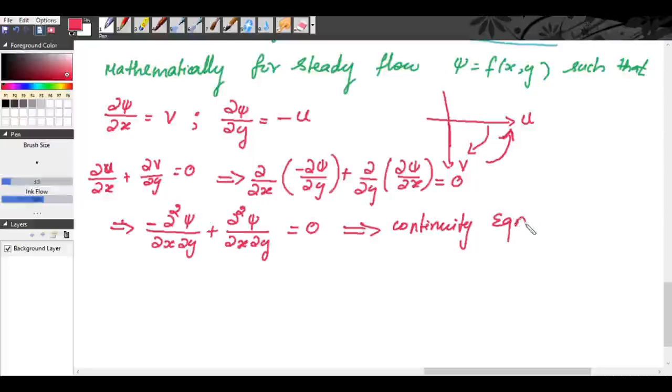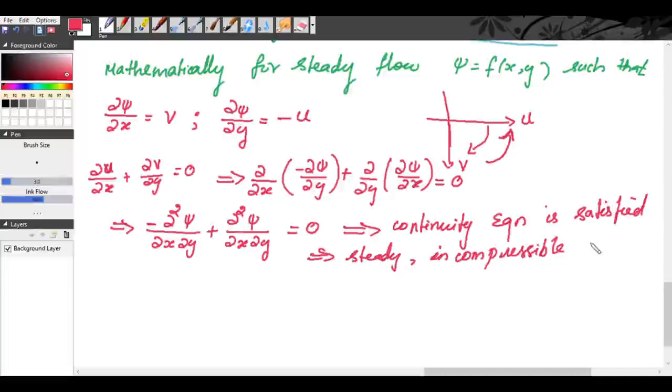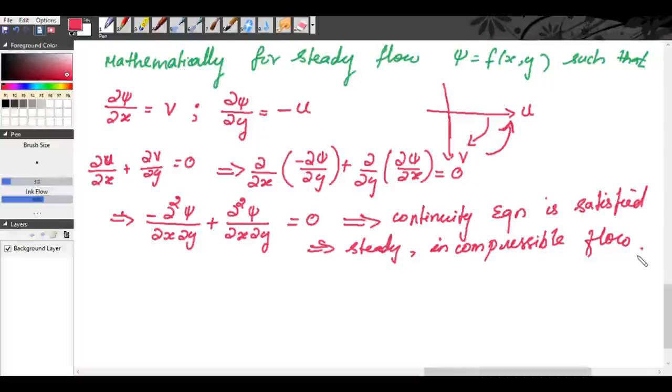So if continuity equation is satisfied, it is a possible case of steady incompressible flow in 2 dimension. So now we have to find whether the flow is rotational or irrotational. For that we will consider the rotational components.